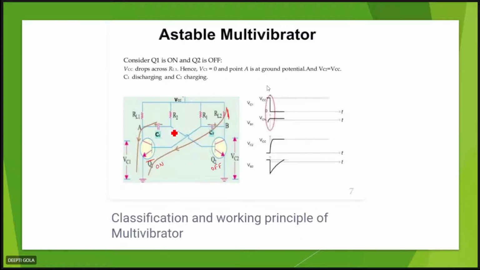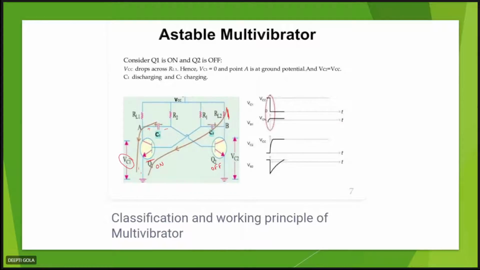VC1 is the collector voltage of this Q1, so this will be 0, and this point A is at ground potential. That means the potential at this point is 0.